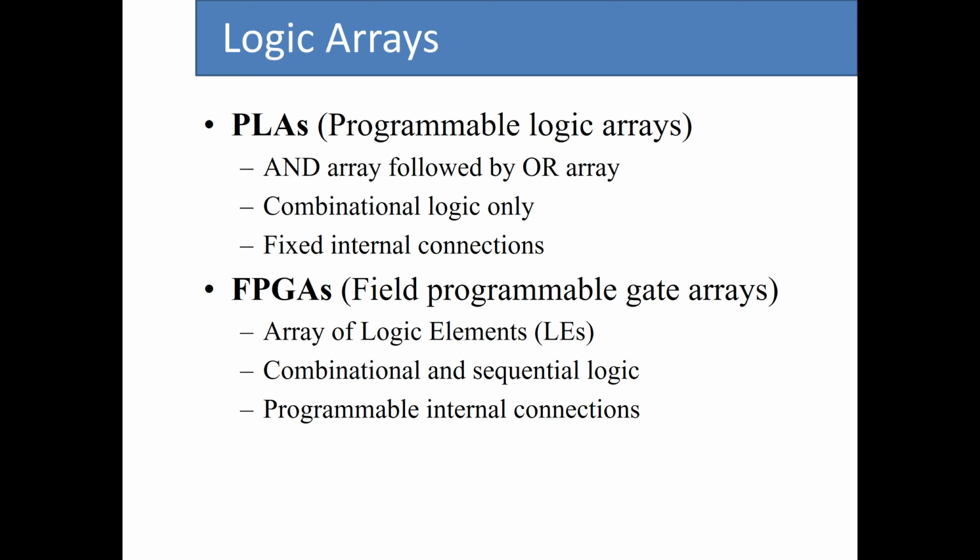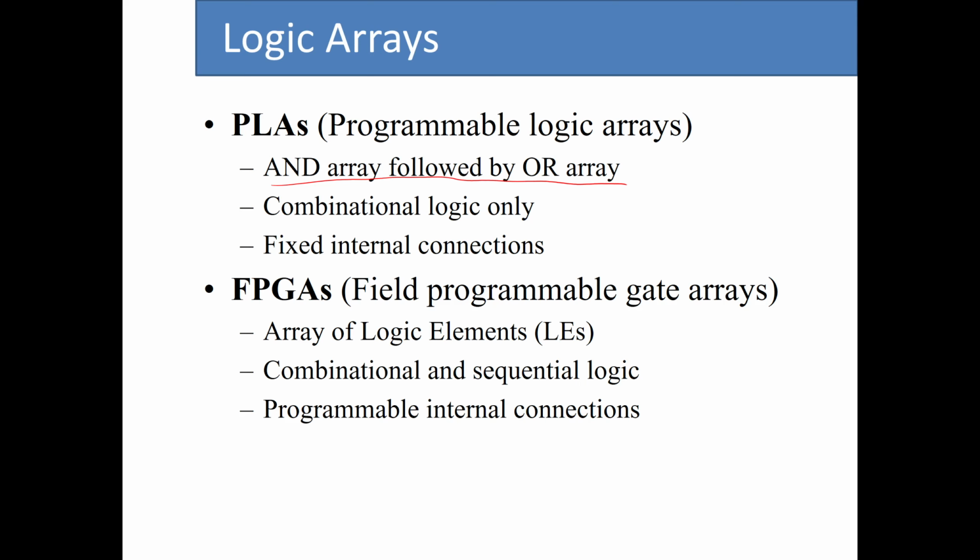I think by this simple sentence, they may look familiar, and when I show you what they look like, you will recognize them. You have seen these types of PLAs before, even though we didn't call them PLAs back then. They are used for implementing combinational logic only, and they usually have fixed internal connections.